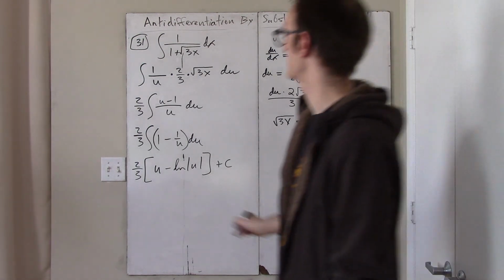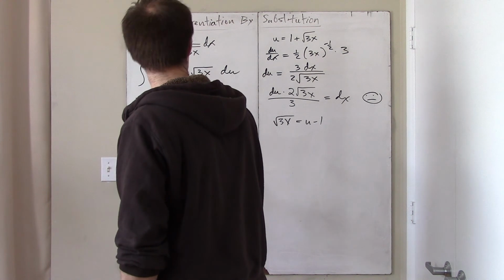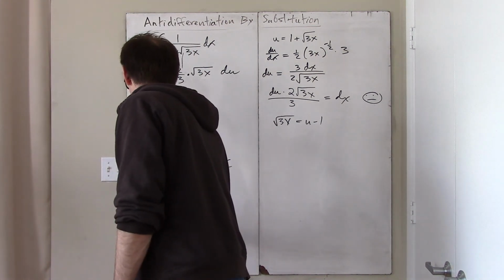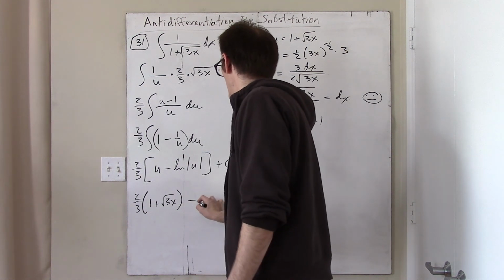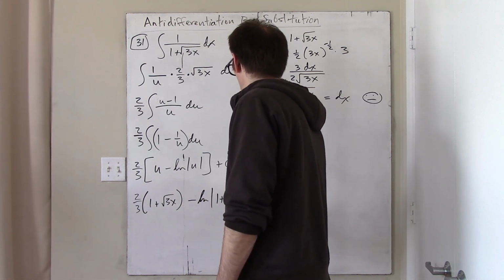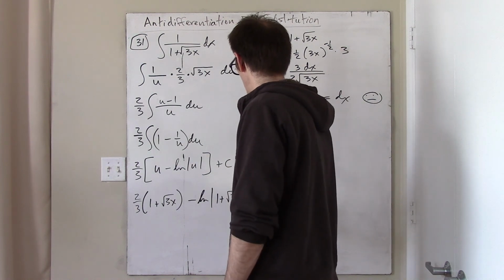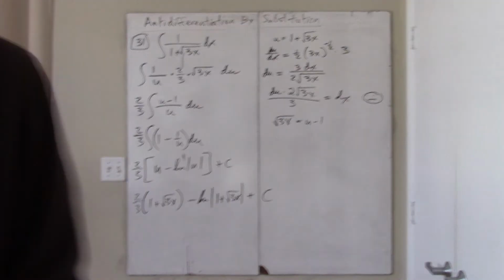It's that whole mess. So what I get is 2/3 times 1 plus root 3x minus ln absolute value of 1 plus root 3x, and I don't actually even need the absolute values because it's all positive.